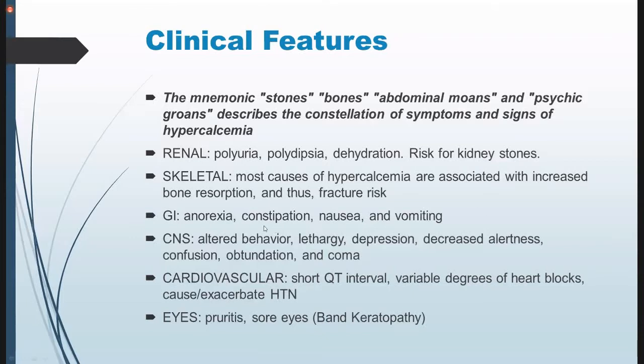So that's how hypercalcemia is affecting the GI tract. In the CNS, there is altered behavior, lethargy, depression, decreased alertness, confusion and agitation, and finally coma. So you see, a very high calcium of 14 and 15 is actually a hypercalcemic crisis and an emergency.